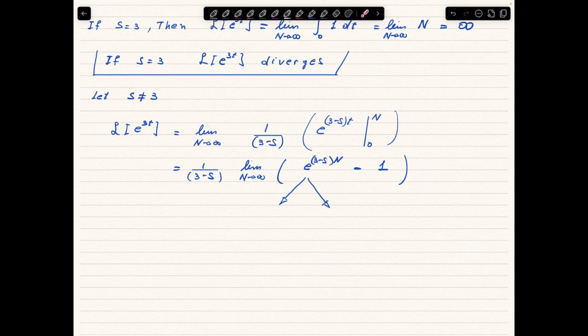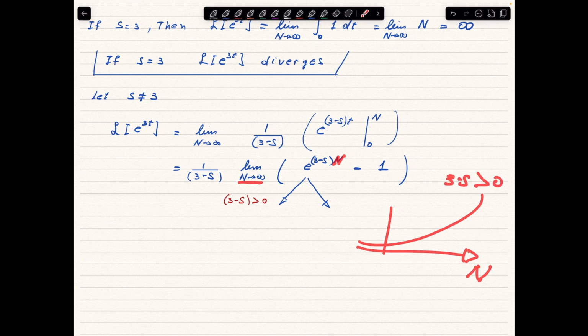Suppose this constant 3 minus s is positive. Well, if this is positive and we multiply by n and take the limit n goes to infinity, we are talking about an exponential that is increasing in n because the coefficient 3 minus s is positive. So this is a function that increases with n. So the limit here is infinity.